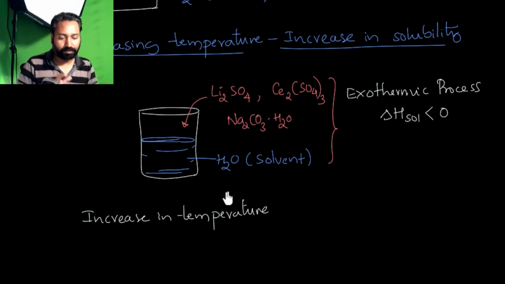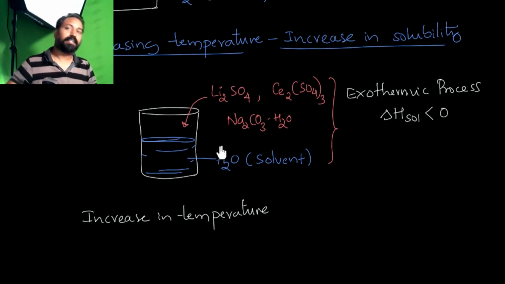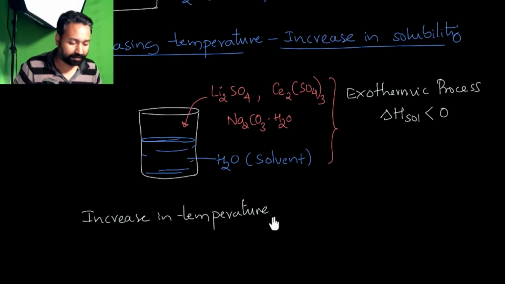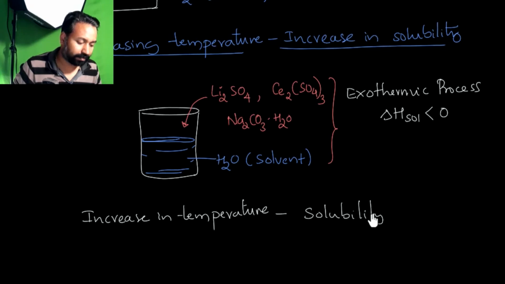You have to notice that when you add solute to the solvent, the heat is given away. If you bring all that heat back to the same container, the solubility should decrease. Therefore, we can write here: solubility decreases.